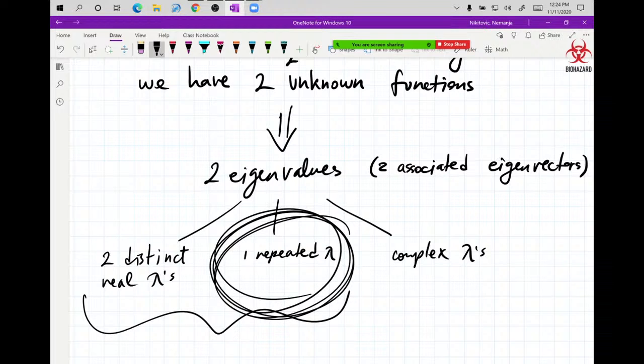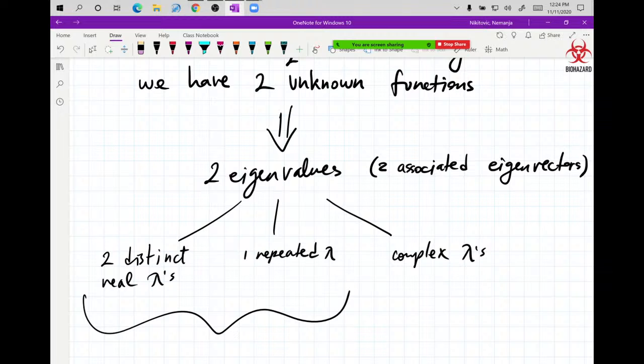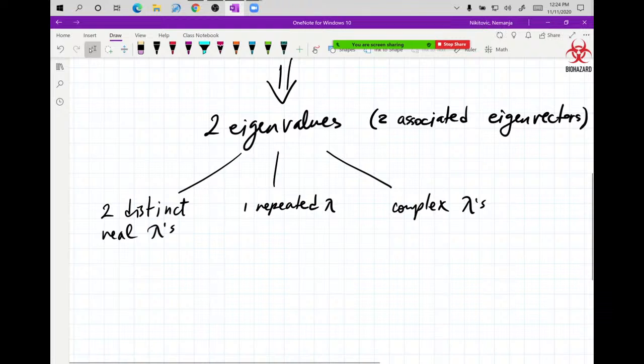We don't know how to deal with the repeated ones if you are to say, let's calculate them like we calculated the other ones. So if we have the real ones, they are separated into the world of two distinct or one repeated. Now, they have subcategories.